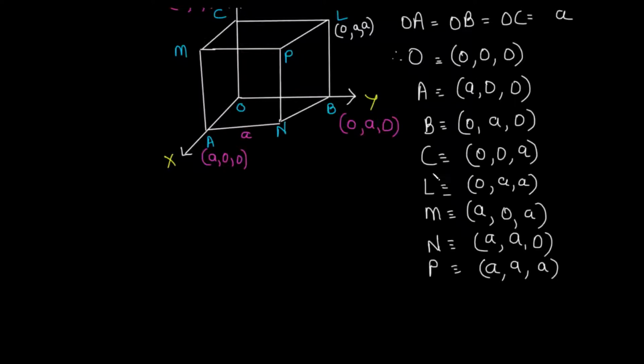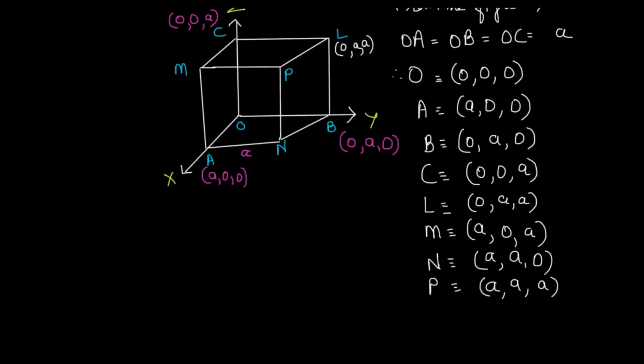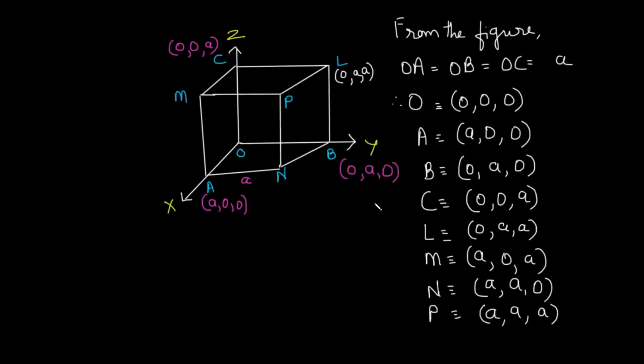Now what about the diagonals? They have asked us to find the volume of a parallelepiped formed by the diagonals of the three faces of a cube which meet at one vertex of the cube. So with respect to O, the required diagonals are OL, OM and ON. These three diagonals together form a parallelepiped and we are supposed to find the volume of this particular parallelepiped.